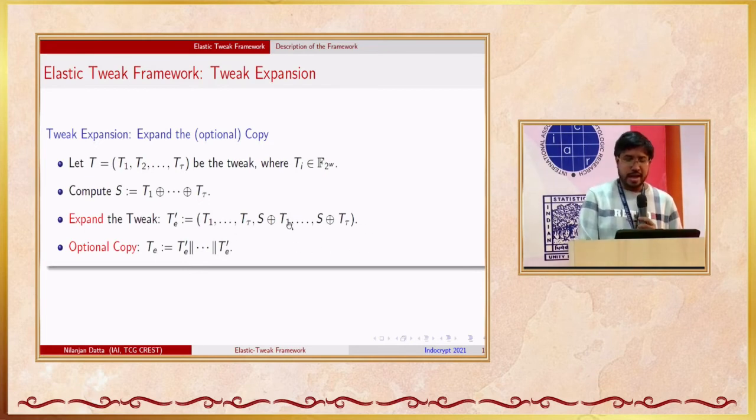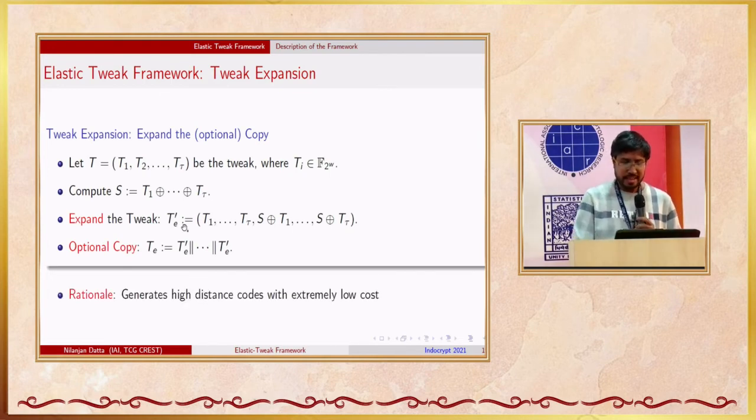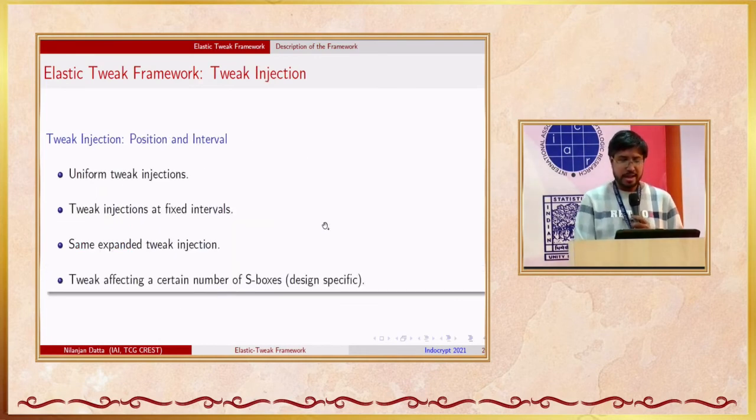And then if you require, you can make an optional copy of this same expanded tweak. The basic rationale is that you generate the high distance code at extremely low cost, because you need only a very small number of XOR operations. And how do you do the tweak injection? We follow a uniform tweak injection.